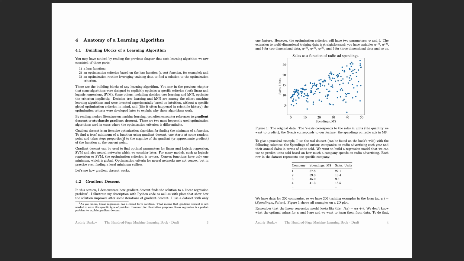So the first thing we will discuss is gradient descent or stochastic gradient descent. Let's discuss how gradient descent finds the solution to a linear regression problem. For example, we have this data where you have sales units and spendings in millions of dollars, right? You can see as your spending is increasing, more sales are being achieved.